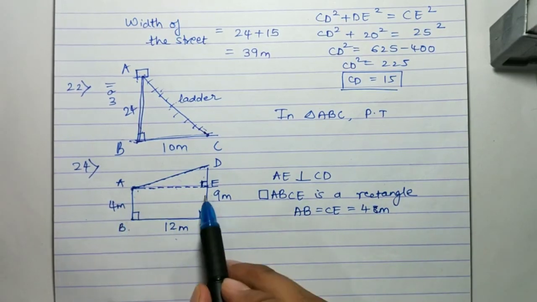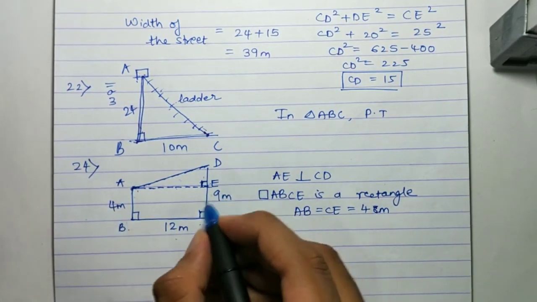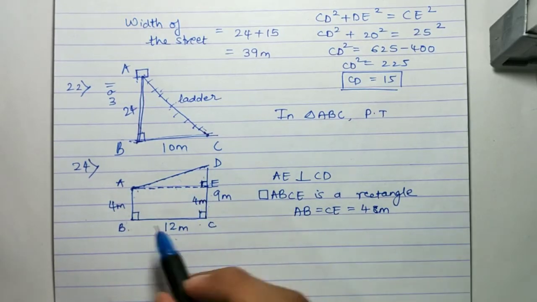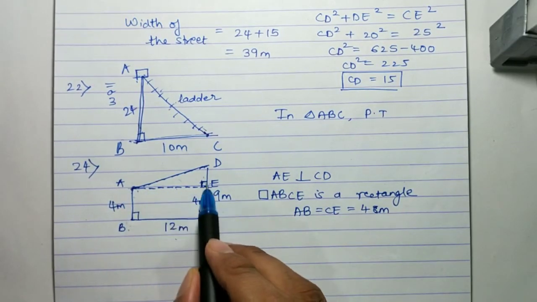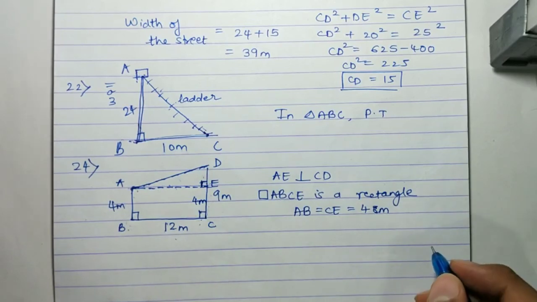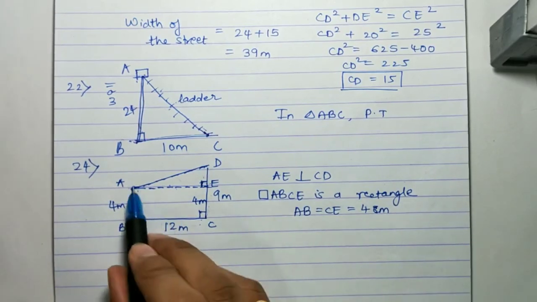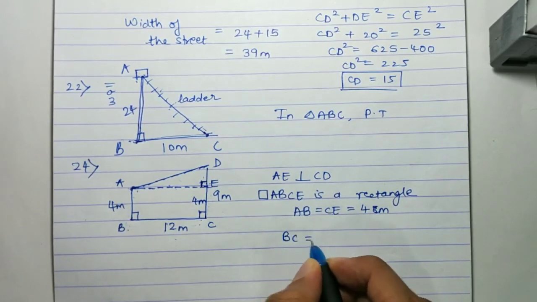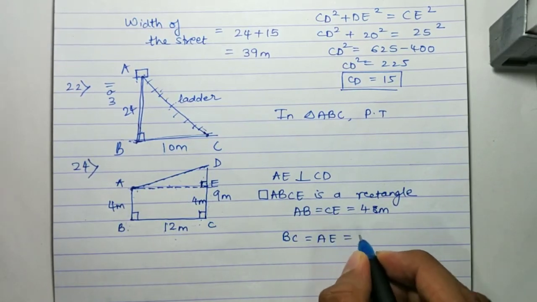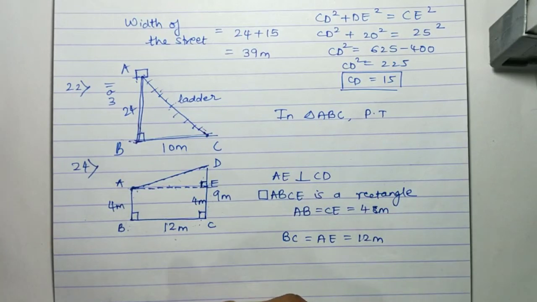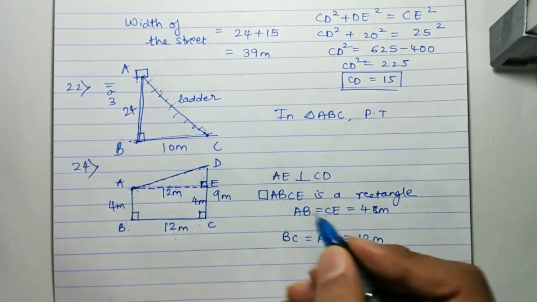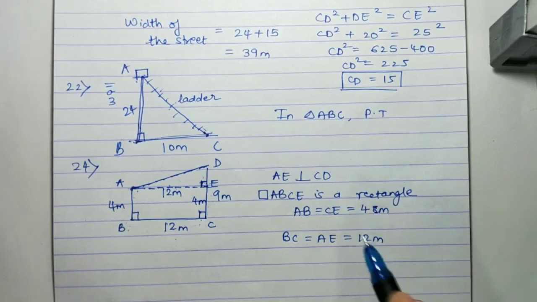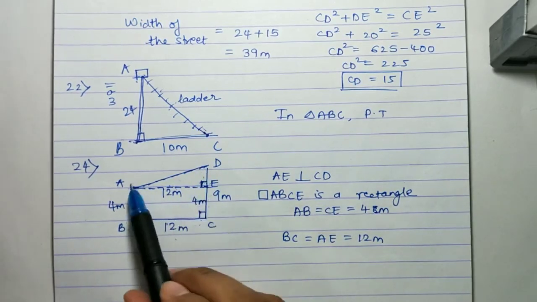This AB and this CE are equal, so this is 4 meters, and BC and AE are equal, so BC equals AE equals 12 meters. Okay, so this is 12 meters. Now in this we have to find AD.